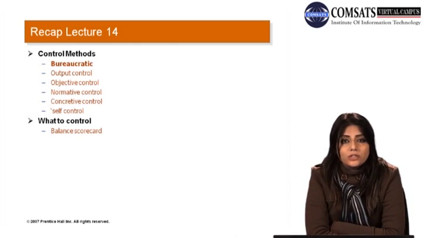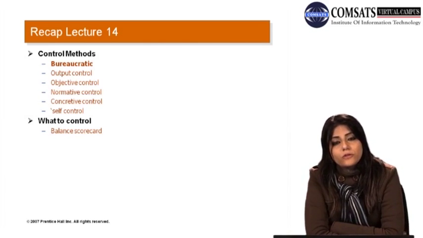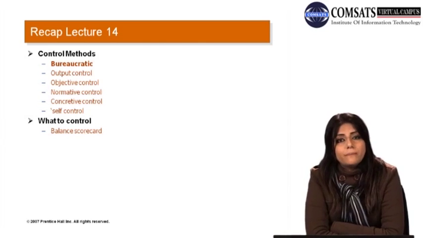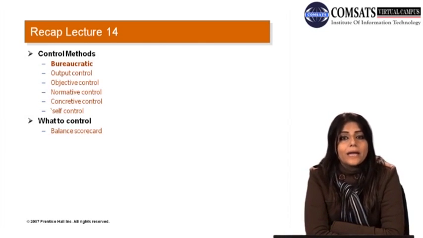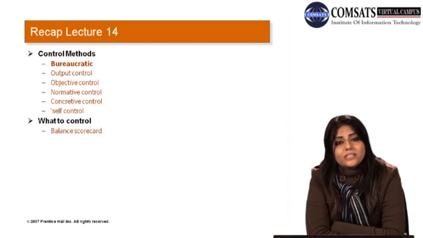Then we had a discussion on the concertive control. Under concertive control, we saw that it's more like a group-based activity, where the group, in the form of autonomous groups, all the team members combine and provide guidelines, or dictate each other's behavior.